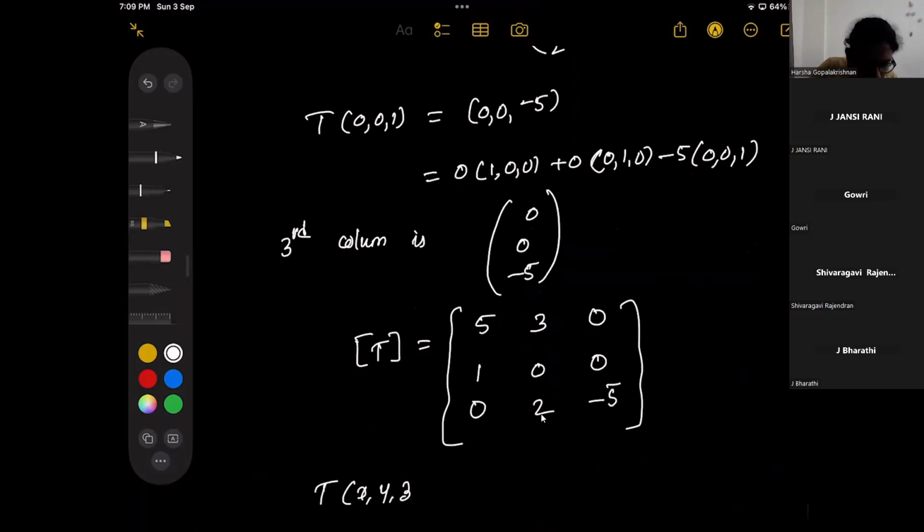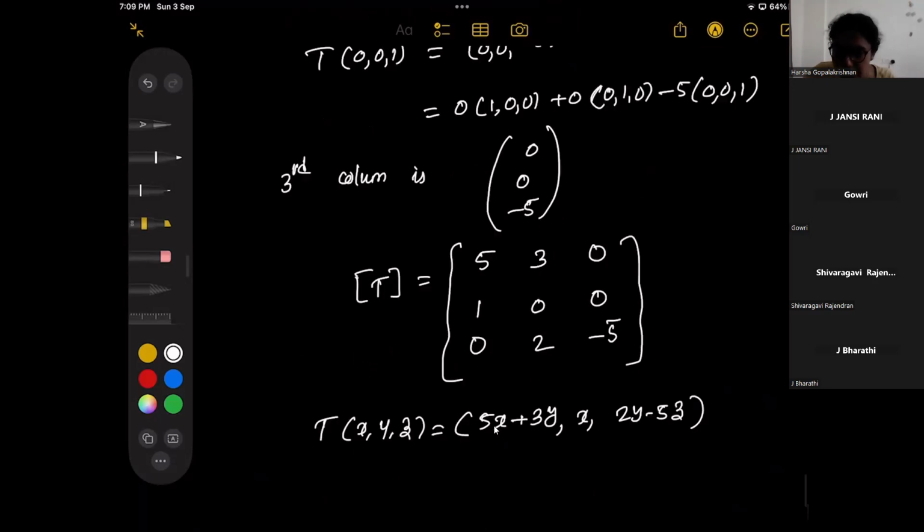T of x, y, z equals 5x plus 3y. In the order x, y, z, the coefficients come in the same order: 5, 3, and z coefficient 0.